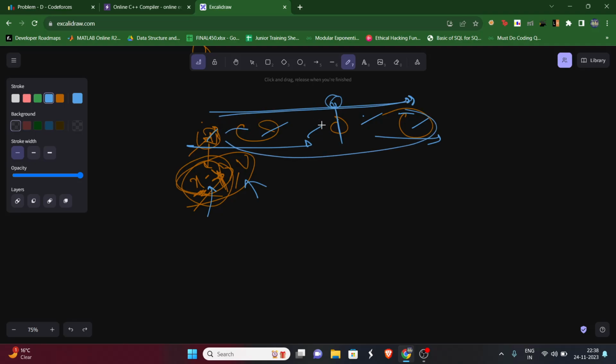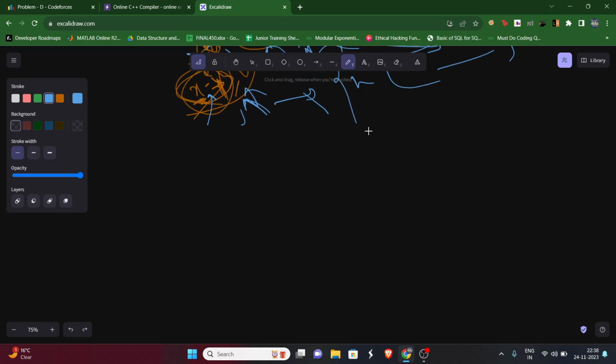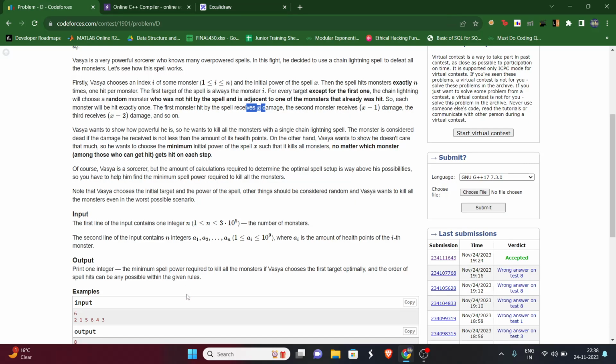So for one index we calculate the maximum x that we needed, and for all the indices we'll pick the minimum of all those x's considered in individual cases. But that will take O of n square, and if we see the question, that will give TLE.